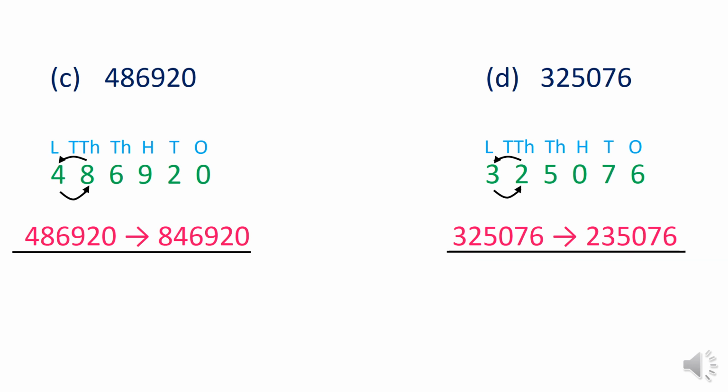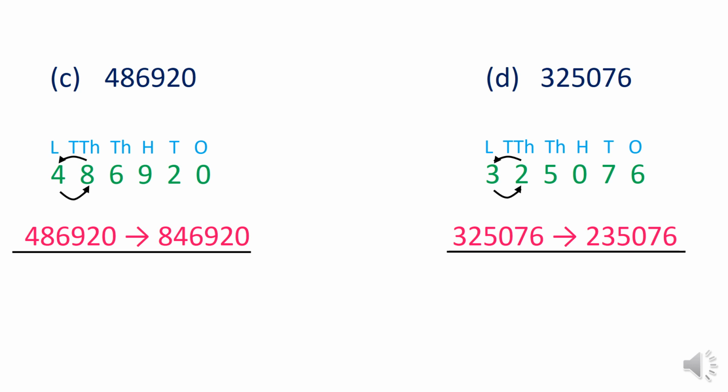4,86,920. In this number, 8 is in the 10,000s place and 4 is in the lakhs place. So, for getting the answer, interchange the digits. That is, write 8 in the lakhs place and 4 in the 10,000s place.